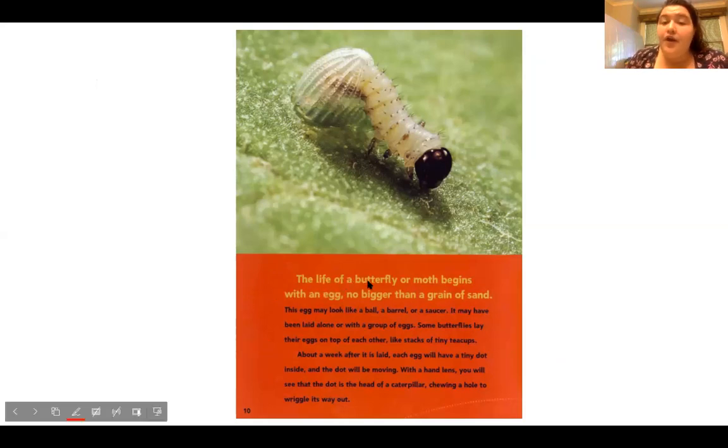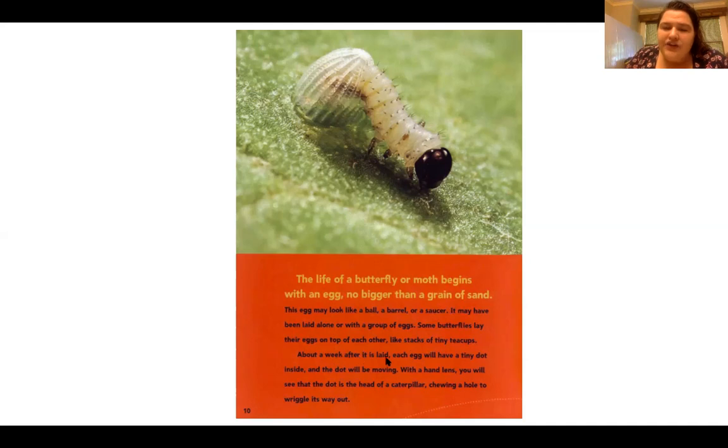The life of a butterfly or moth begins with an egg, no bigger than a grain of sand. That's so tiny. The egg may look like a ball, a barrel, or a saucer. It may have been laid alone or with a group of eggs. Some butterflies lay their eggs on top of each other, like stacks of tiny teacups.